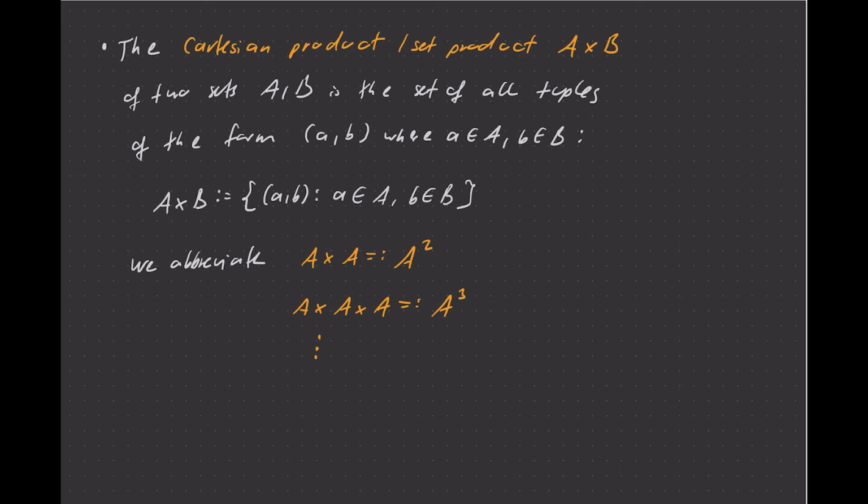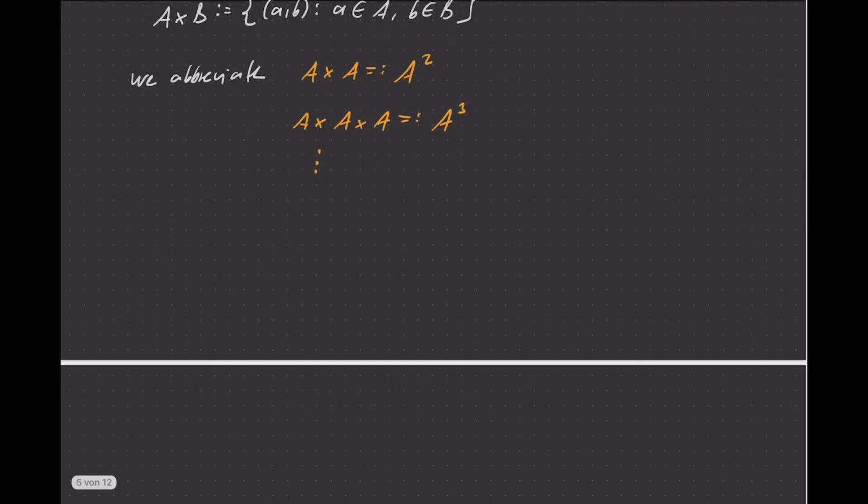Now let's see a quick example to clarify all of these notations. We'll work with two sets. The set A shall consist of the numbers 1, 2, and 5.